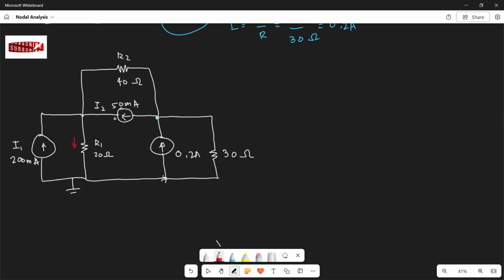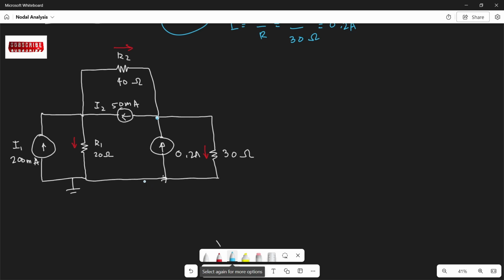For this one, since this current source is going in this direction, we assume that the current through R2 is going in this direction. And finally, the current through this 30 ohm resistance can be assumed to be flowing in this direction.